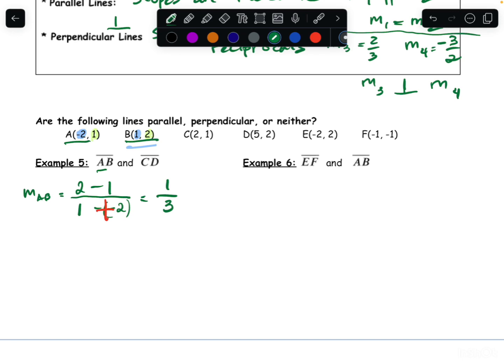Now let's go to the slope of CD. So slope of CD is equal to, let's look at C and D now. Let me highlight my y's. So this is my y, and this is my y. So I'm going to say 2 minus 1, and my x's are going to be 5 minus 2.